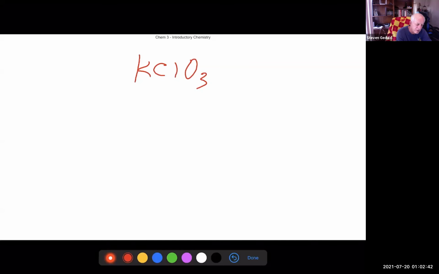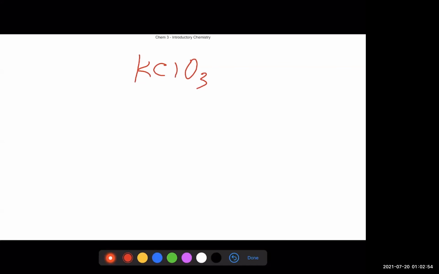All right. Right here. It is KClO3. So I'm trying to make it equal 0. Right. And I'm putting in +1 for the K, -1 for the Cl, and for the O, it's always a -2.